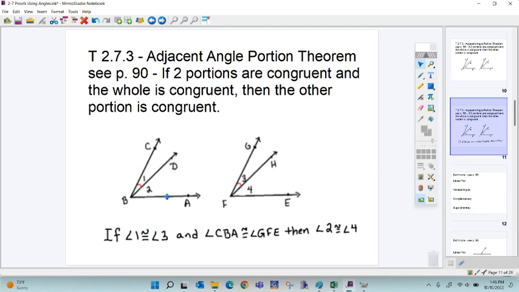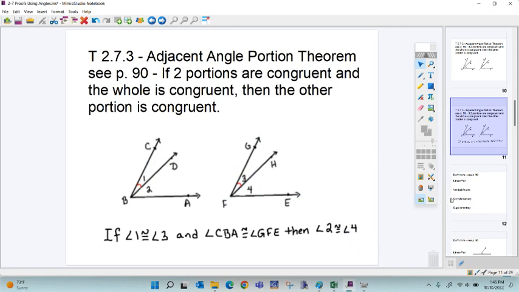I'm not going to show you the proof of that. Like I say, just trying to get you used to the idea of proofs and seeing them. But you can see that it's similar enough in idea that if you know the small pieces are congruent and the big pieces are congruent, then the leftover little pieces also have to be congruent.